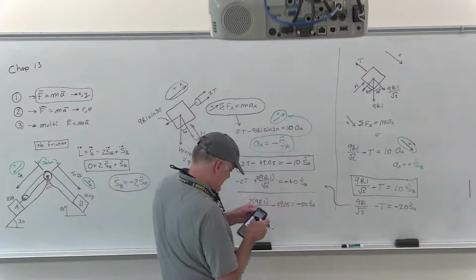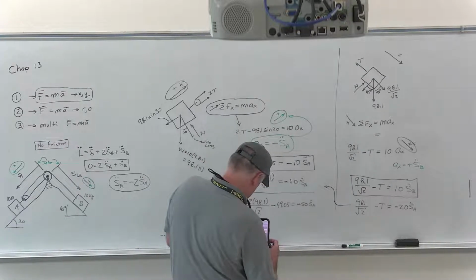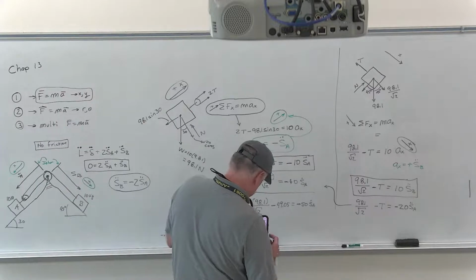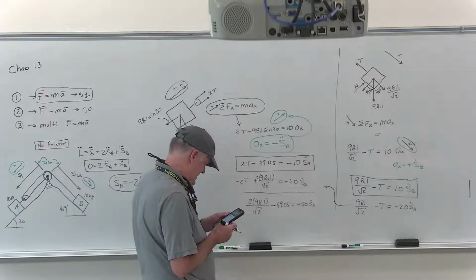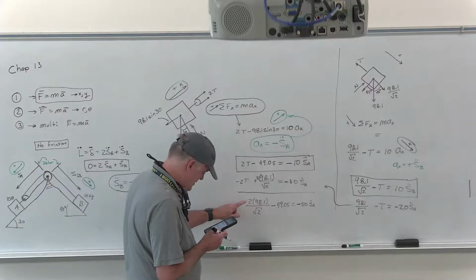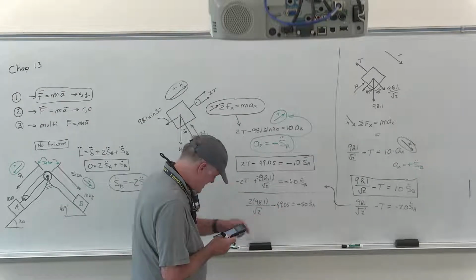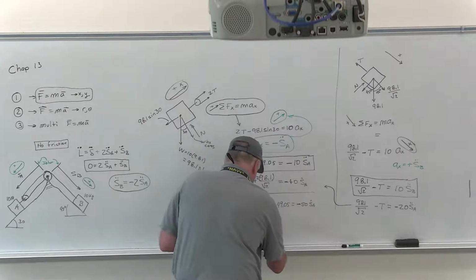Okay. That was an equal. Okay. 2 times 98.1 square root of 2 minus 49. Okay. I think I got it.